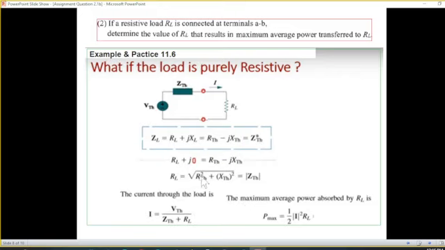The main point is that for maximum power transfer, RL has to be equal to the magnitude of Z Thevenin. This you have to keep in mind. After we have calculated RL, we can find the current, and then we'll use this formula for power, half I square RL.